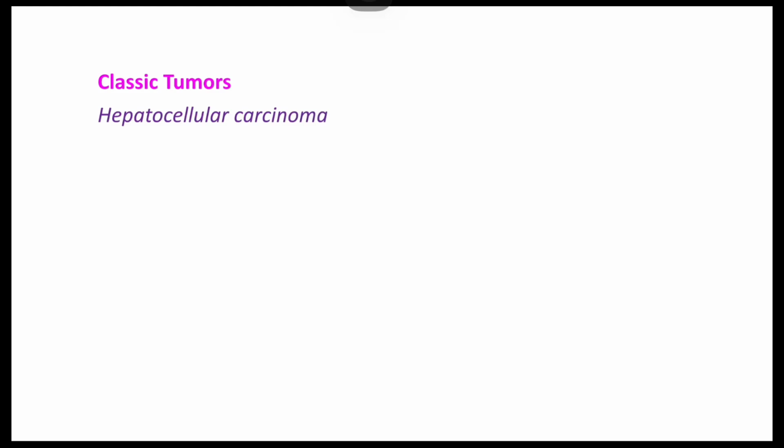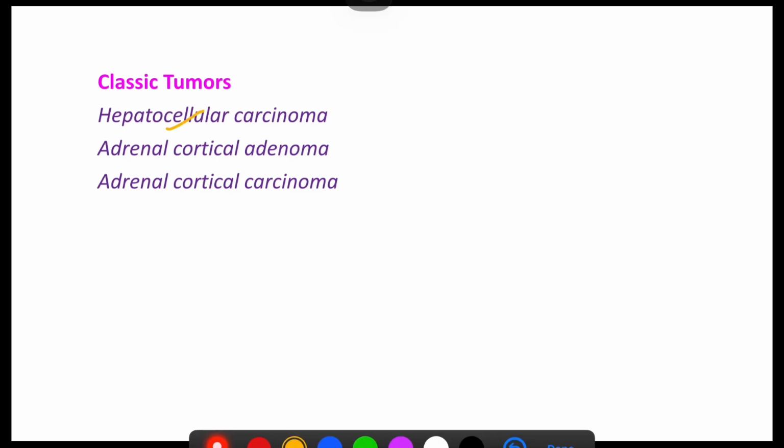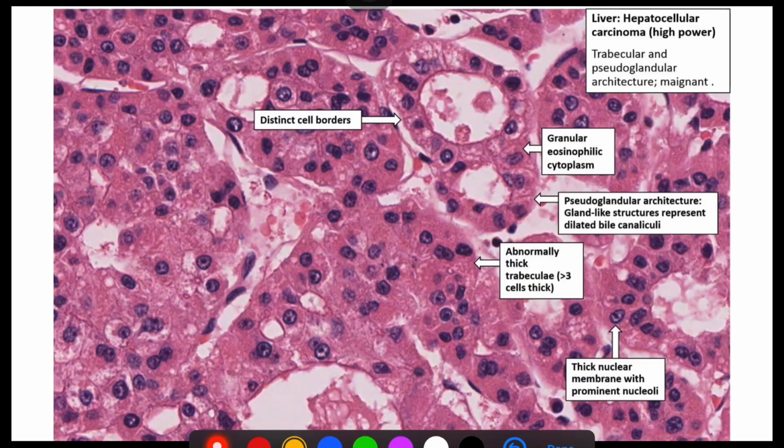Now the tumors which show this pattern are mostly hepatocellular carcinoma, adrenal cortical adenoma, adrenal cortical carcinoma, and neuroendocrine tumors. And if you see in tumor, mostly hepatocellular carcinoma will show trabecular and sometimes pseudoglandular pattern.